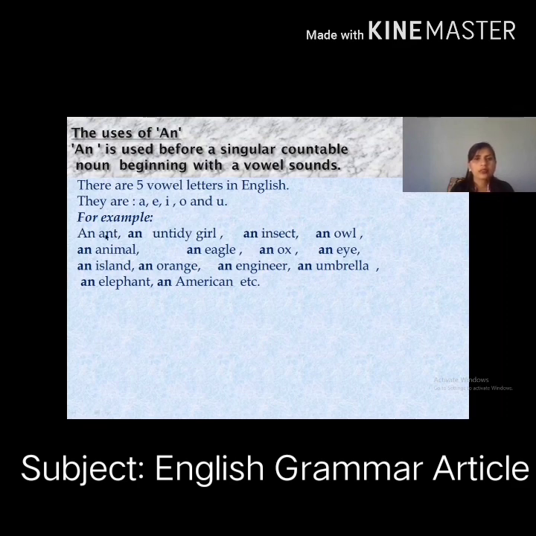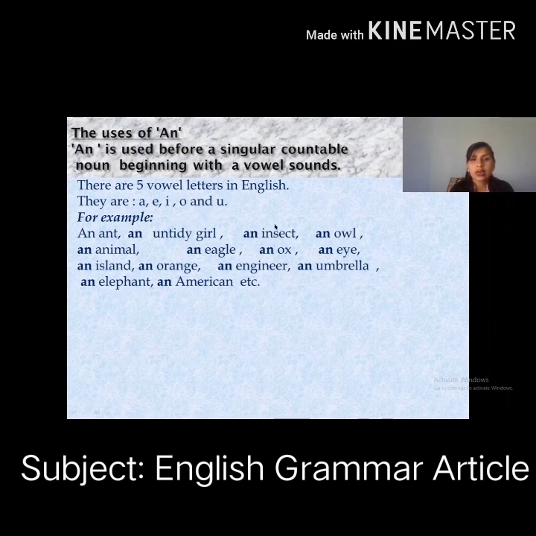Look at here, ant. A is the vowel sound. So we say an ant. Similarly, untidy girl. U is also a vowel sound. So we say an untidy girl. Insect. Insect is also a countable noun. It is a singular noun.